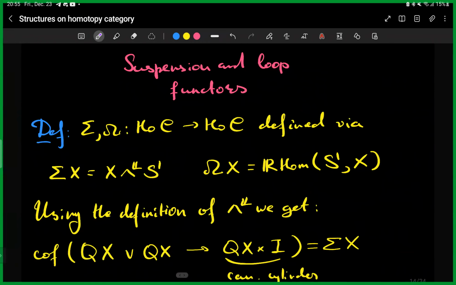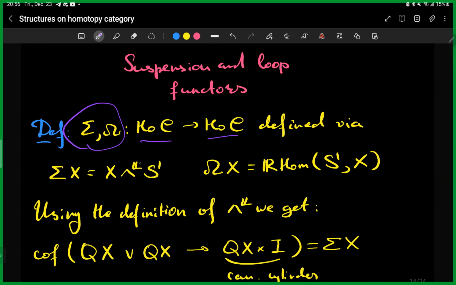Okay, so let's talk about suspension and loop functors. Suspension and loop functors are, maybe a bit unexpectedly, functors which are defined only on homotopy categories of model categories, and their definition uses the construction of derived tensor product and derived hom.